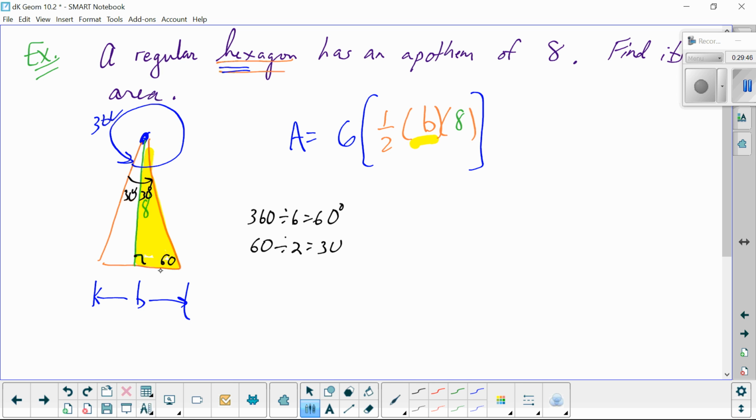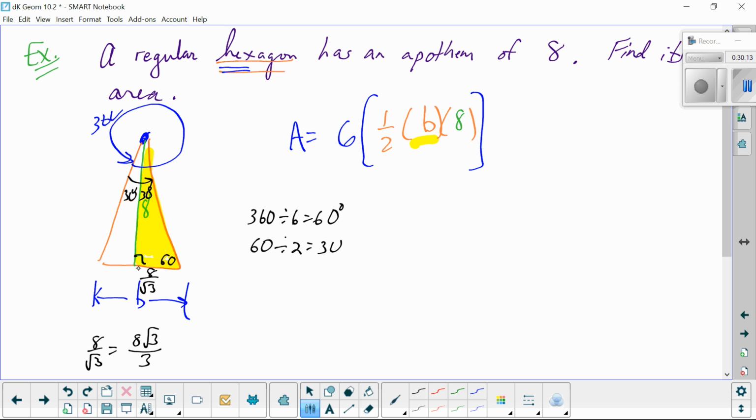So the short leg times root 3 gives you 8. So 8 divided by root 3. And 8 divided by root 3, if we rationalize the denominator, is equal to 8 root 3 over 3. That means the base of the orange triangle is 2 of those.